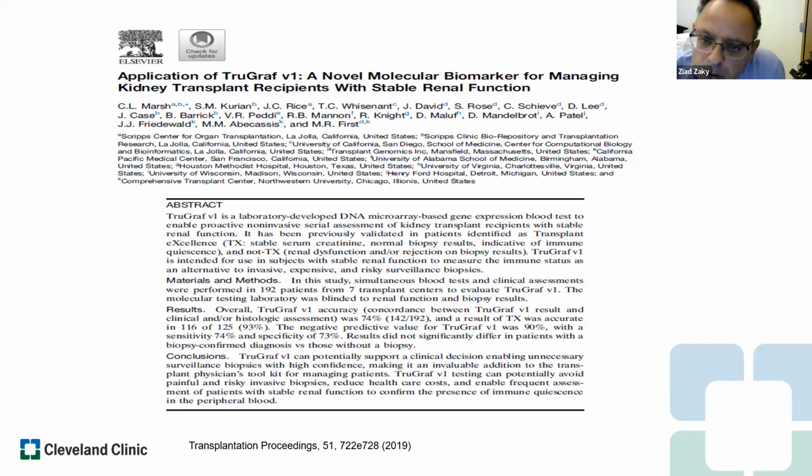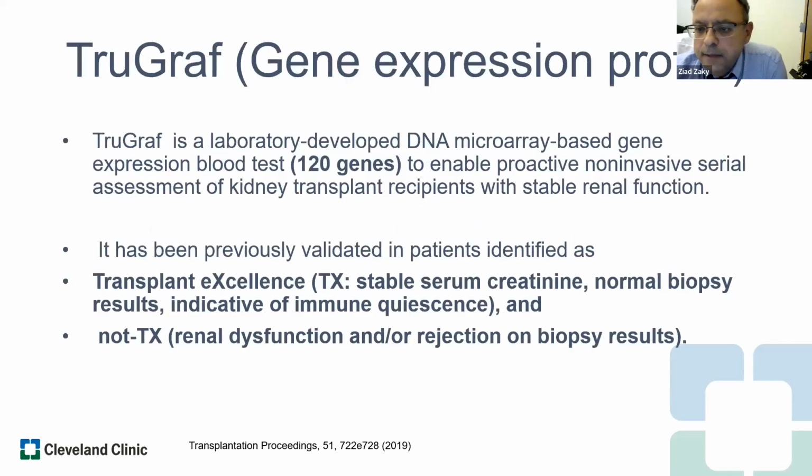So the TrueGraph, Northwestern University is mainly taking the lead in discovering and applying it. They had a study, actually multiple studies, to validate this gene expression profile, using the 120 genes signature for rejections. But they only report as TX and not TX.